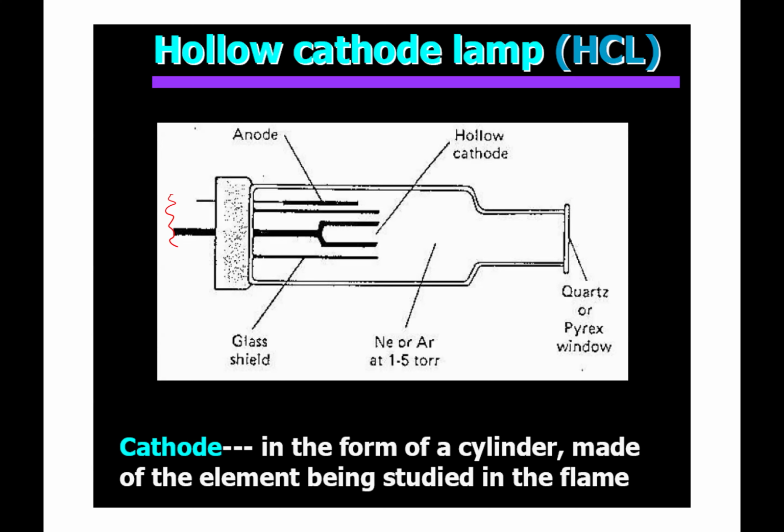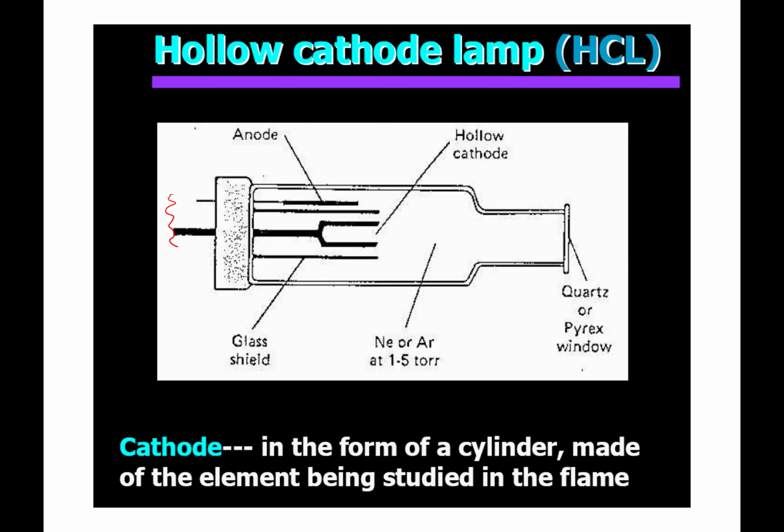And then we have a glass shield, and then you're also going to have neon or argon. So those are atoms there, neon atoms, argon atoms. The hollow cathode lamp is filled with those atoms at about 1 to 5 torr. So you see how this is constructed.